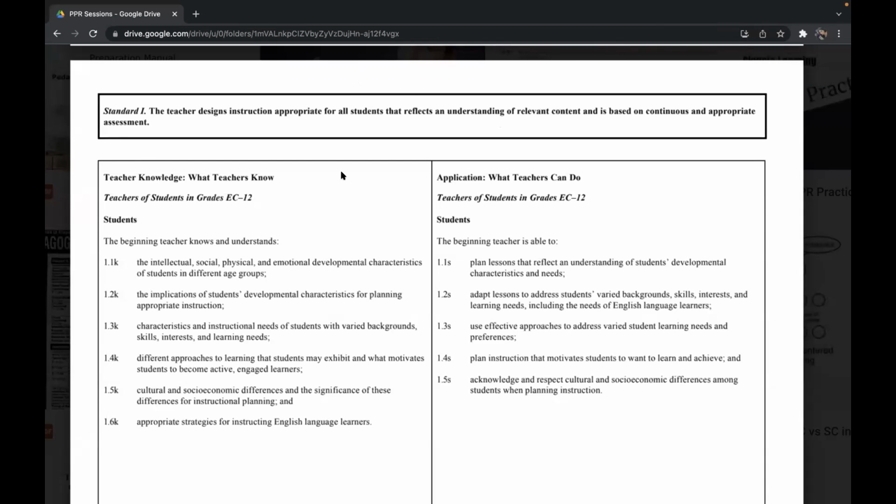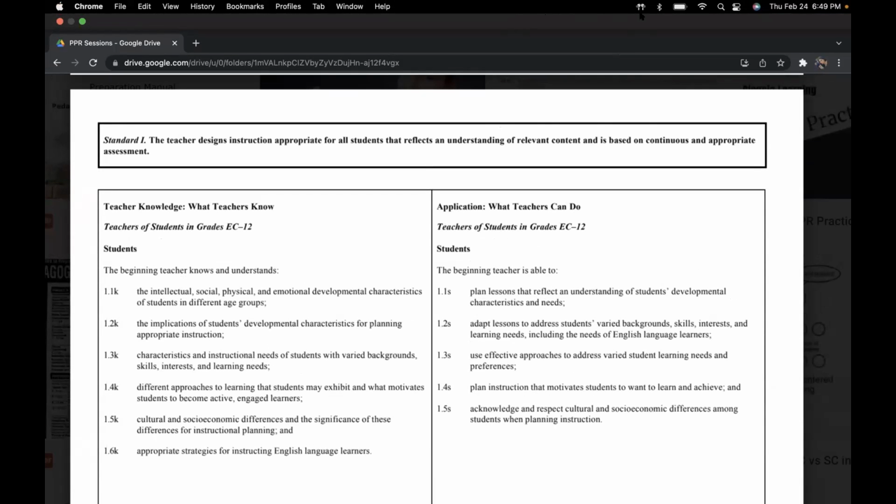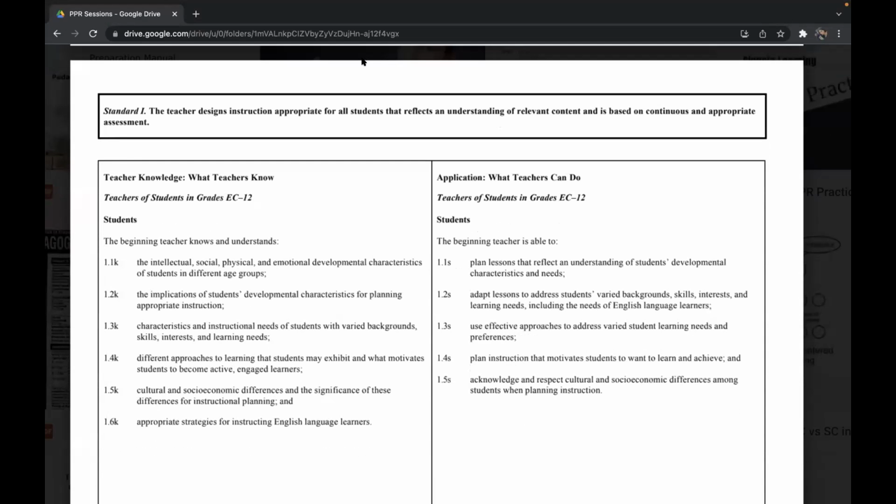So the way that we read these, Mr. Bettis, on the left-hand side, you have the teacher knowledge. Those are the facts, the theories, the strategies, all of your knowledge base that you have to know before you get into the classroom. And it's all concerning your design of instruction that's appropriate for all students.